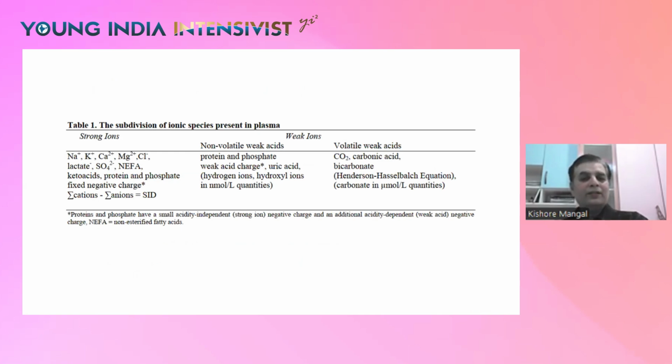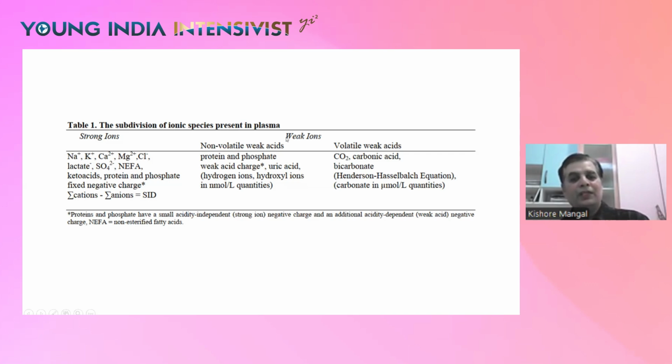So if we divide all the ionic species present in plasma, strong ions are sodium, potassium, calcium, magnesium, chloride, lactate, sulfate, NEFA, which is non-esterified fatty acids, keto acids, and proteins and phosphates with fixed negative charge. Okay, so this amount, protein and phosphate with fixed negative charge, is very, very small, and practically we can avoid or remove it.